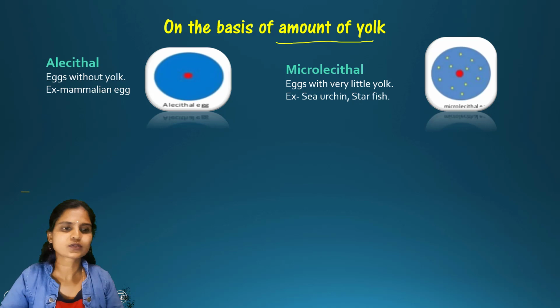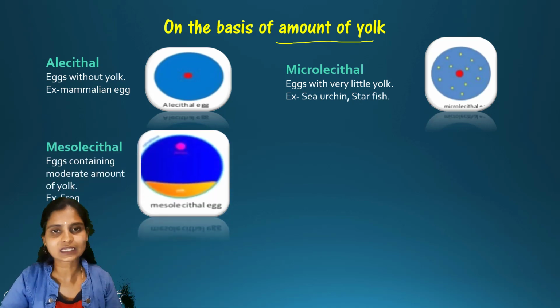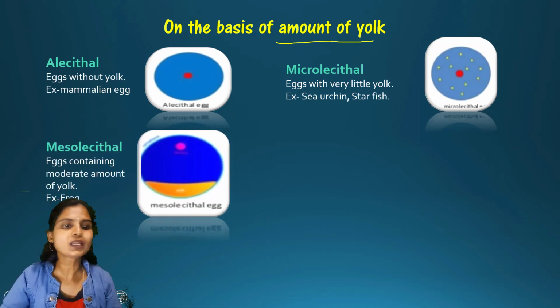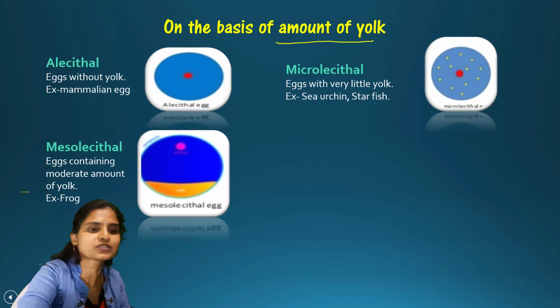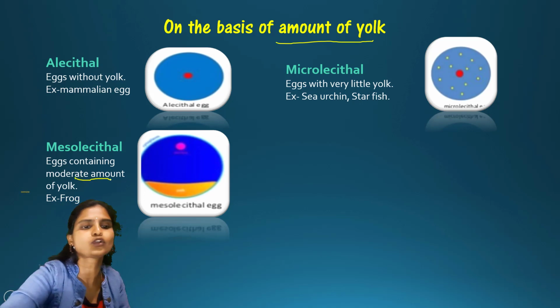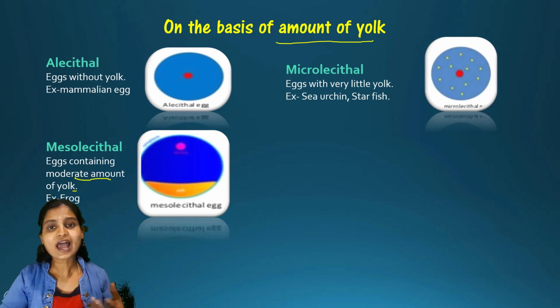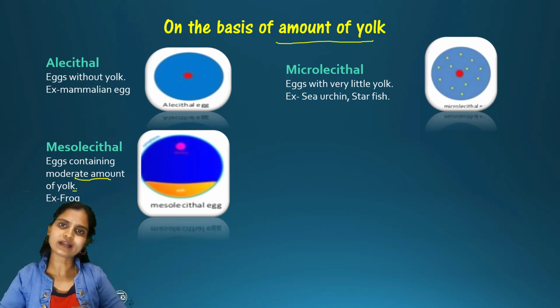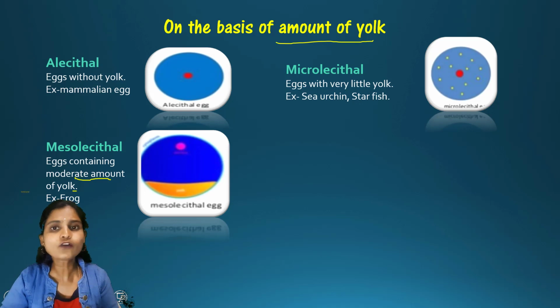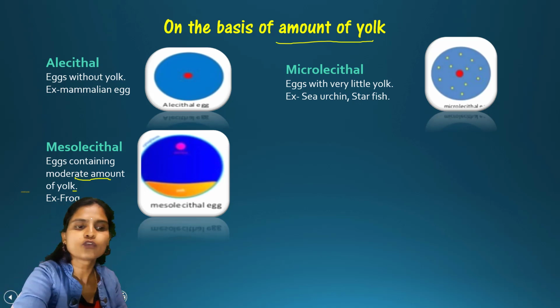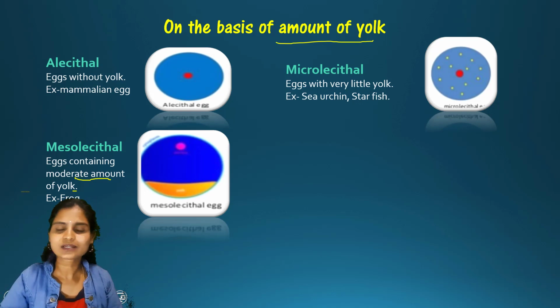Next we are going to study mesolecithal eggs. In mesolecithal eggs a moderate amount of yolk is present. It is not more, not less, an average amount. Example is frog. And please remember one important thing.